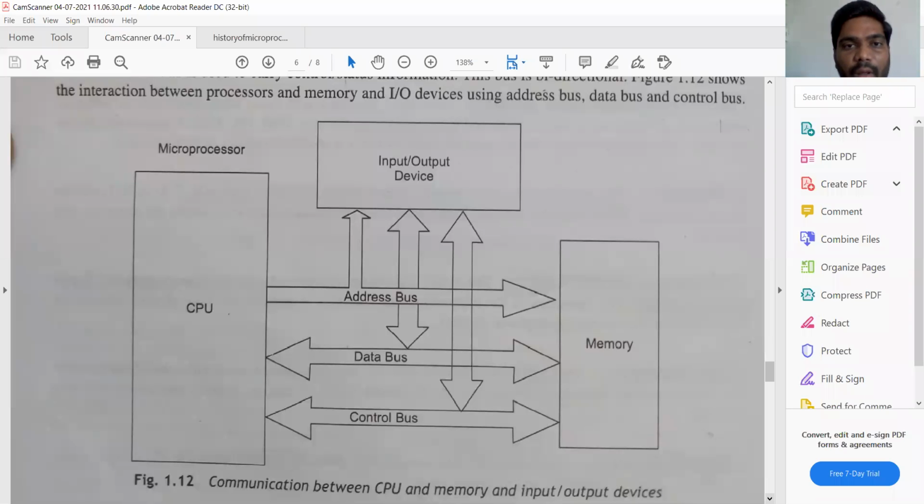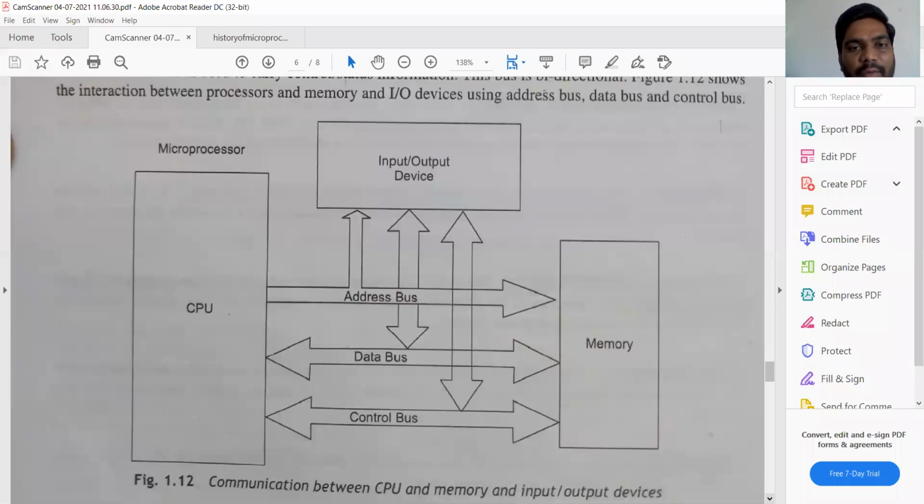Among these devices, in order to establish communication between them, we'll have buses. Those buses carry the information or data from the microprocessor to the output device, from the input device to the microprocessor, and from the microprocessor to the memory.